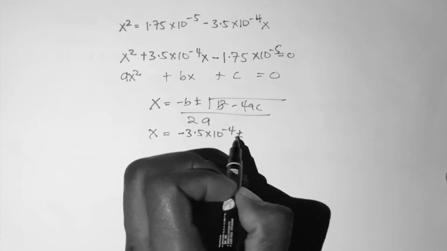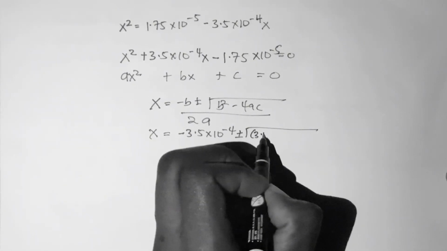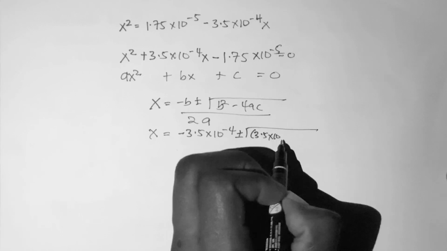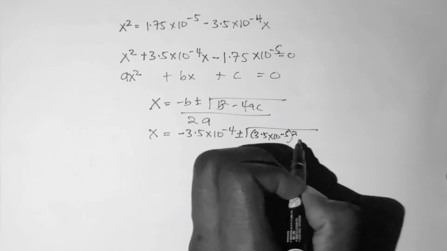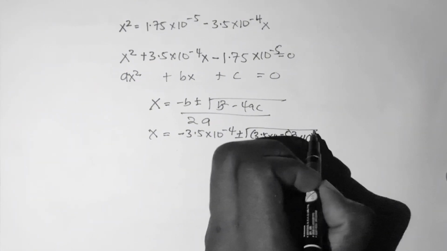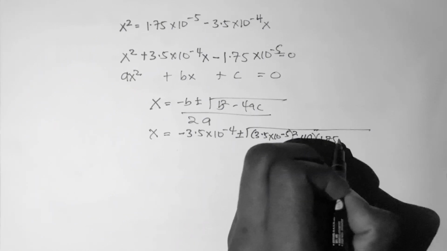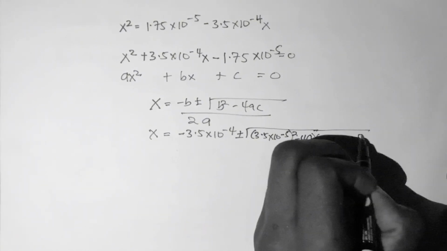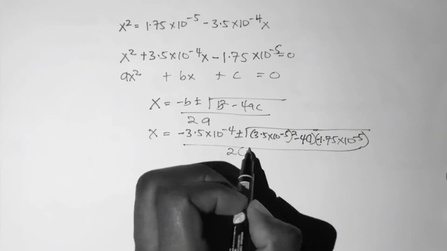Then plus or minus square root of b squared, which is 3.5 times 10 exponent minus 4 squared, then minus 4 times a, a is 1, times c. C is minus 1.75 times 10 exponent minus 5. All of this divided by 2 times 1.